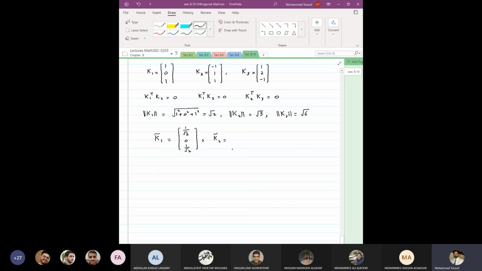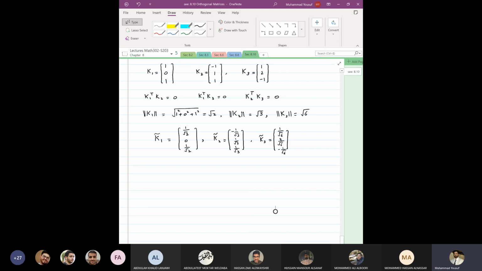K2 tilde, I'm not saying bar because we use bar for complex, is -1 over square root 3, 1 over square root 3, 1 over square root 3. And K3 tilde is 1 over square root of 6, 2 over square root of 6, minus 1 over square root of 6.